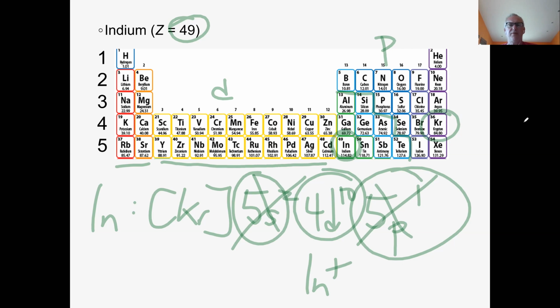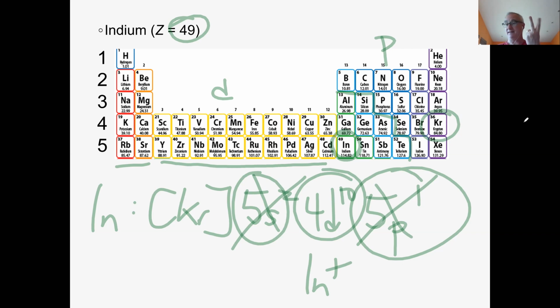Well, in both instances, you want to completely fill shells and subshells. So with krypton, it has a completely filled 3d subshell, and in the fourth level, it's filled both s and p.